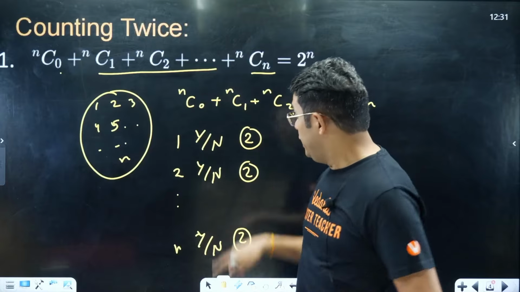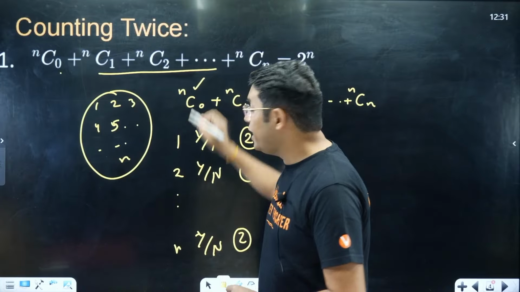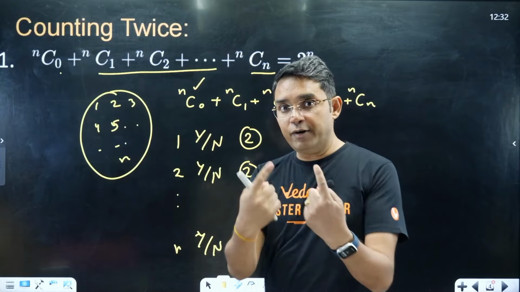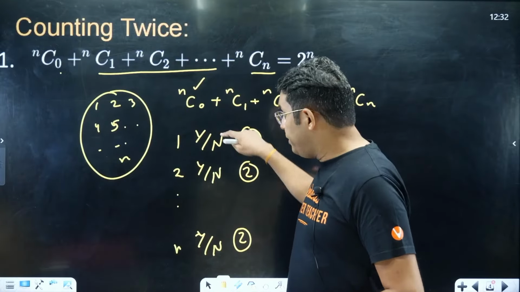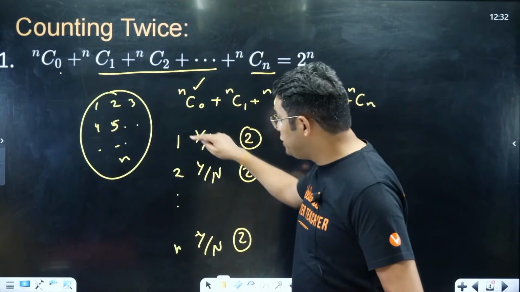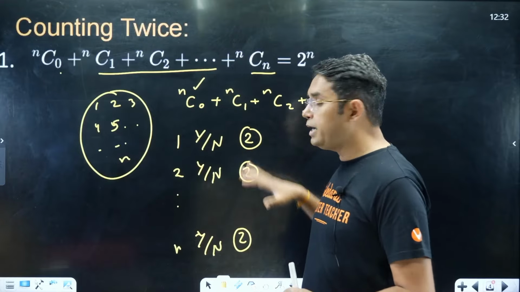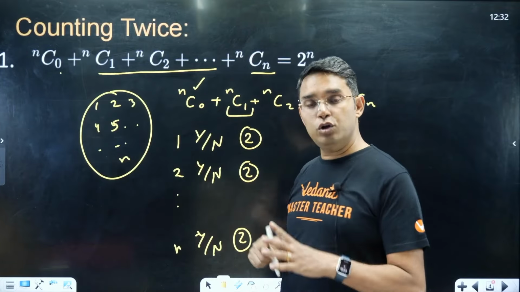Now please see, if you call all of them as no, no, no, no, no, no, this is equal to nC0 where no element is selected. If you say exactly one yes, and all remaining as no, which can be done in n ways, because any one element can get yes and all other elements get no, which is precisely nC1 also here.